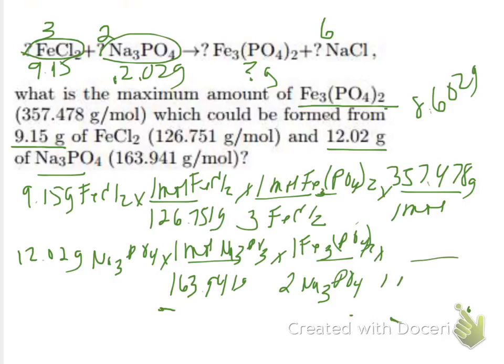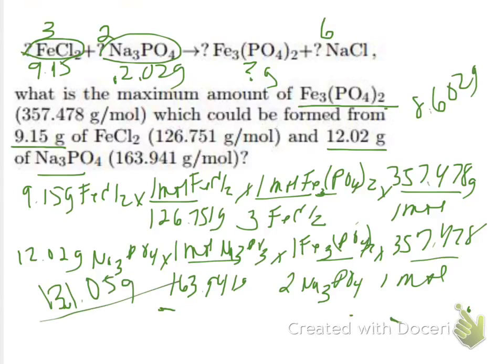And I know the molar mass of the iron 2 phosphate again is 357.478. And when I multiply that out, what I get is 13.105 grams.